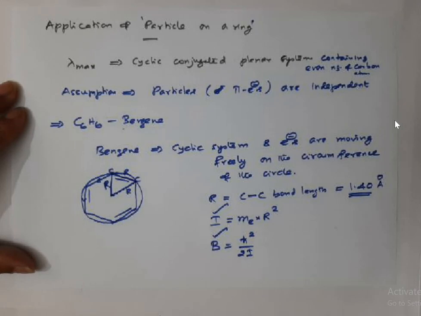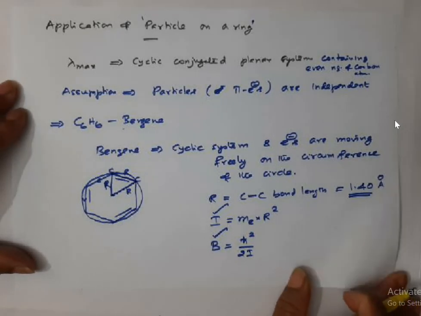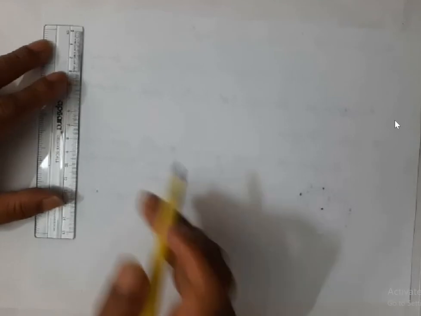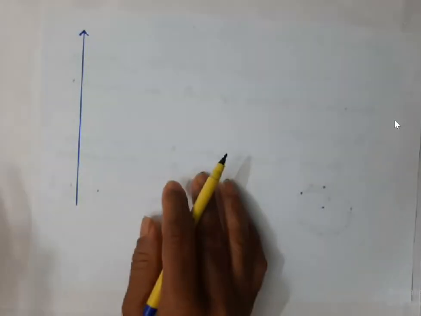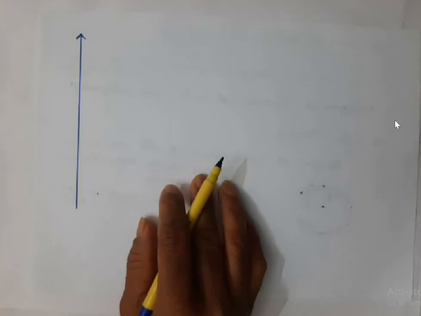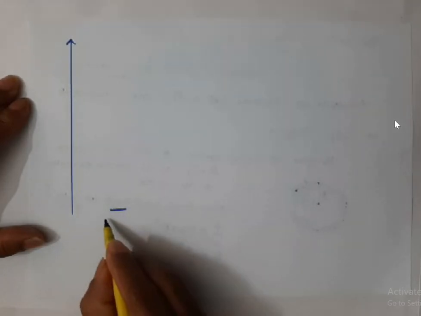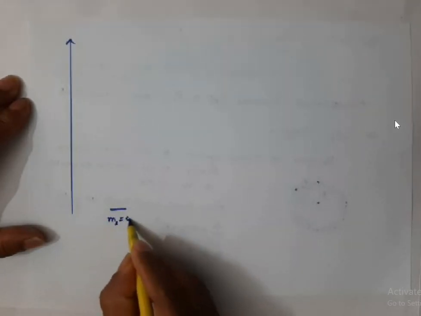Now what I'm going to do is fill the electrons in these levels, assuming benzene as a particle on a ring model. So this is the lowest energy level. You know very well, for this ml value is 0, and the energy is 0.